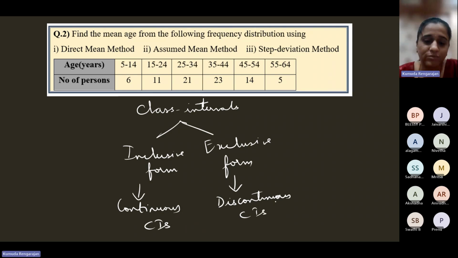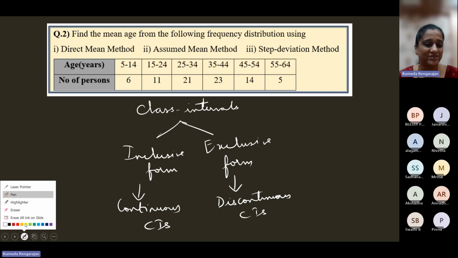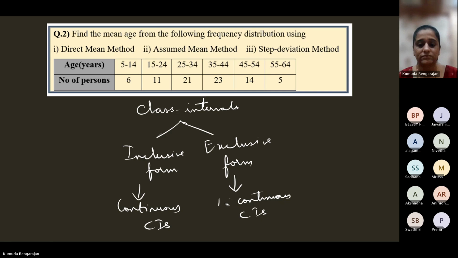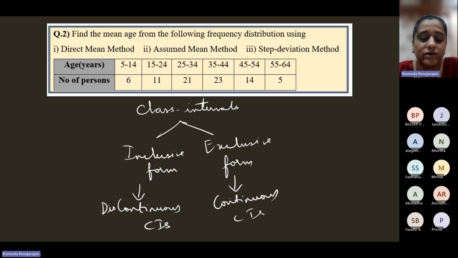Oh, sorry, I made a mistake with writing. So inclusive form means discontinuous class intervals. Exclusive form means continuous class intervals.